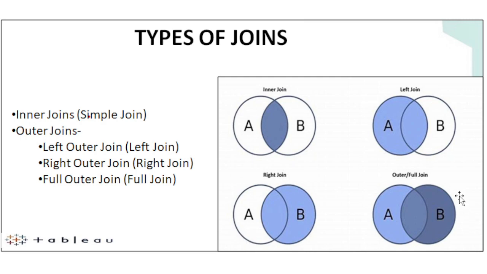And in the full outer join, we have all the data: in the resultant table we have the complete IDs from the A table, the complete IDs from the B table, and the mutual IDs also.